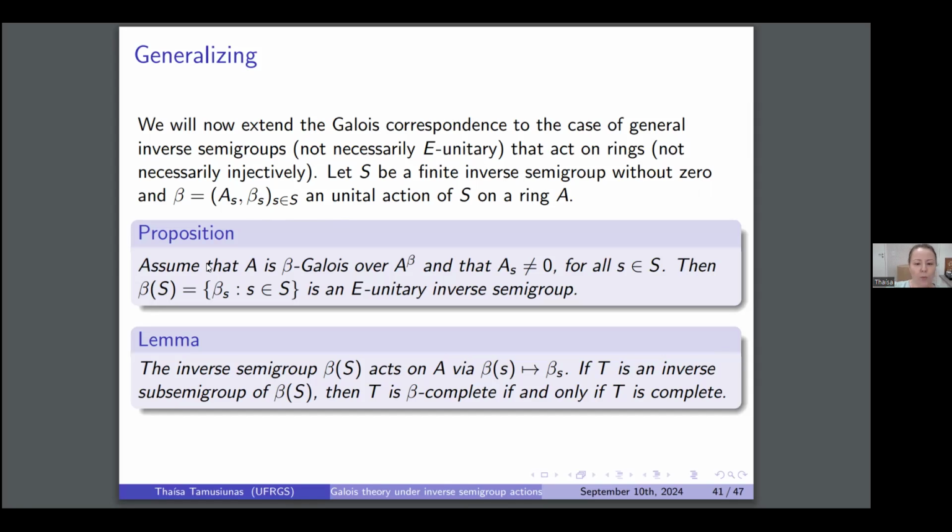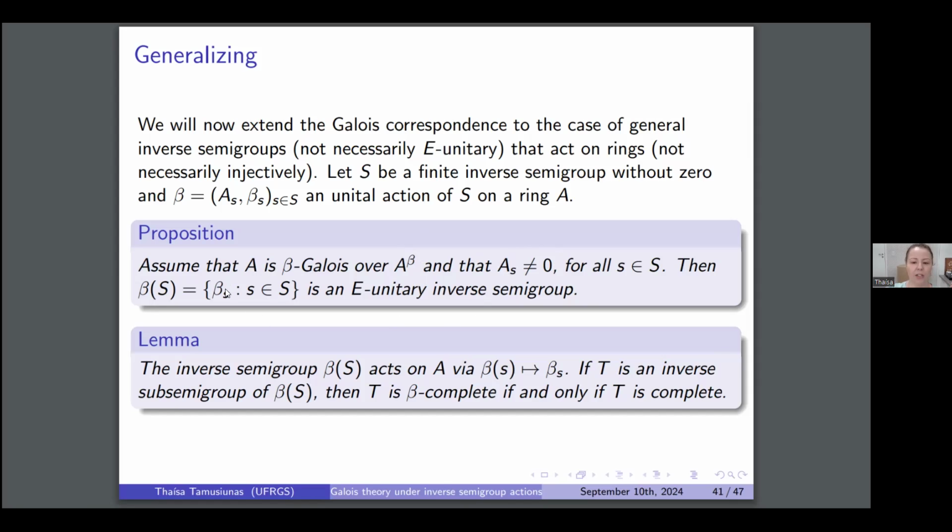Then we proved that, assuming that A is a beta Galois extension over A beta and that the ideals are non-zero, then this set is an E-unitary inverse semigroup. Under this assumption, we need that A is Galois over A beta.